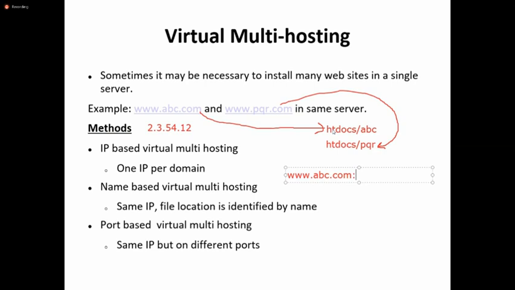So for example, now if I use this port for this, right, then it will go to one folder, access one folder, right? And then for the other one, I can use another port.